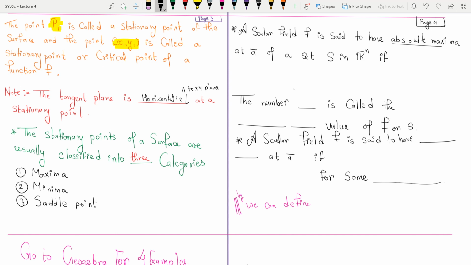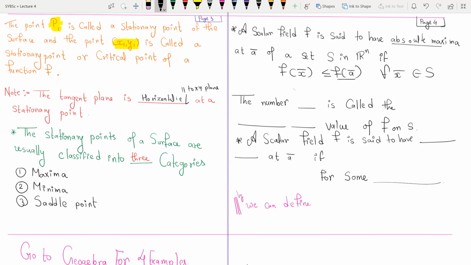Maxima means at that point my function should attain the maximum value, if f of x bar is less than or equal to f of a bar for all x bar inside that set S. So I'm saying f of a bar is the maximum value attained by my function in that set S. If I'm talking about the entire set, then I will call it an absolute maxima.